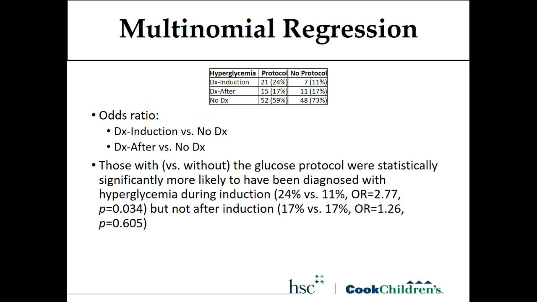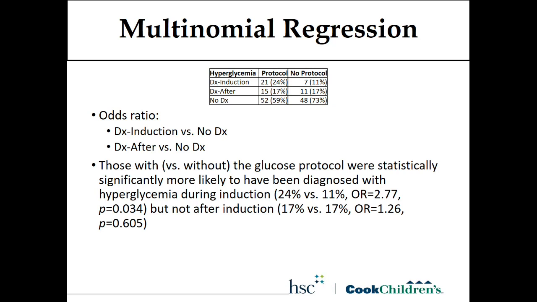So again, going back to this idea of splitting up between diagnosis for induction, diagnosis after induction, and no diagnosis of hyperglycemia. This is a more plausible usage of this kind of breakdown of these categories as compared to the ordinal variable, because like I said, it's arguably not an ordinal variable.